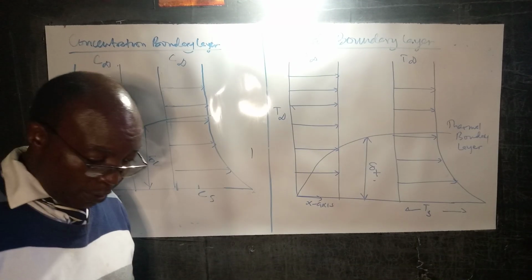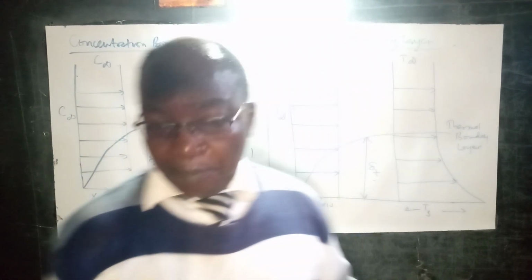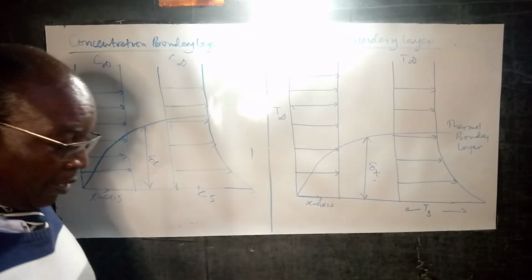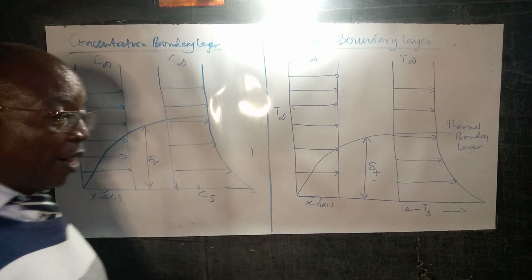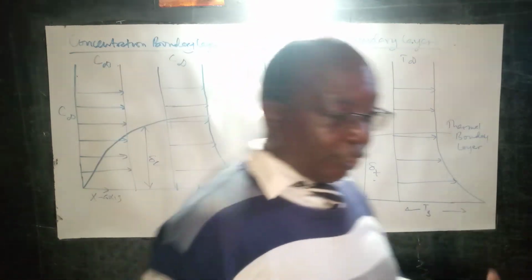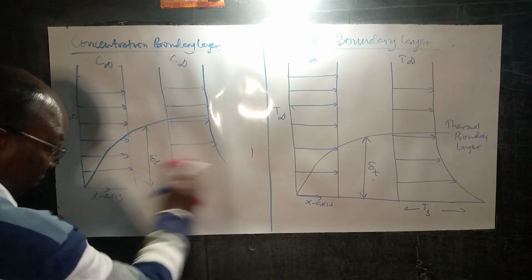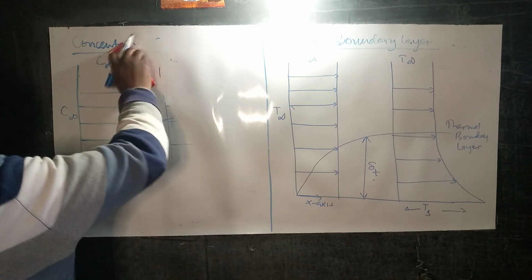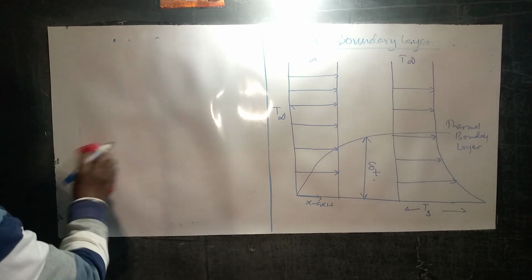So we have just seen the formation of these boundary layers. But we want to focus a little bit on the velocity boundary layer. We look at the concentration and thermal boundary layers in later lectures. For today, we just want to mention briefly the velocity boundary layer. And what does that mean?